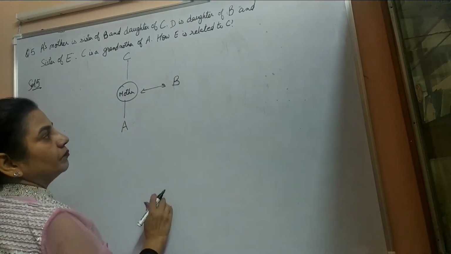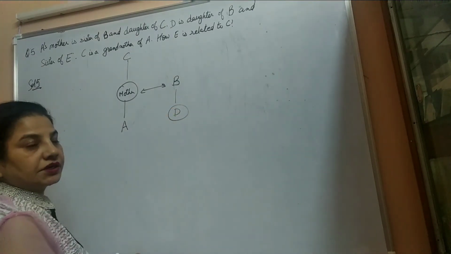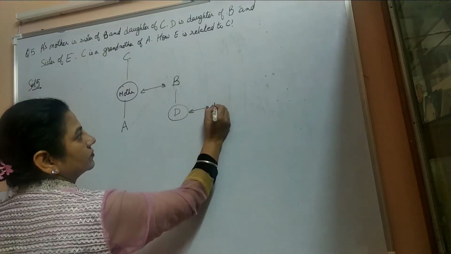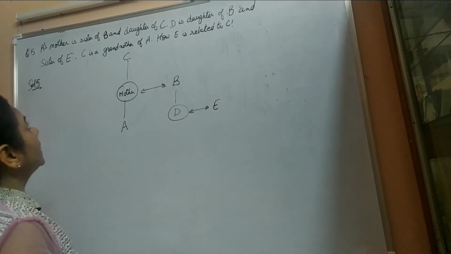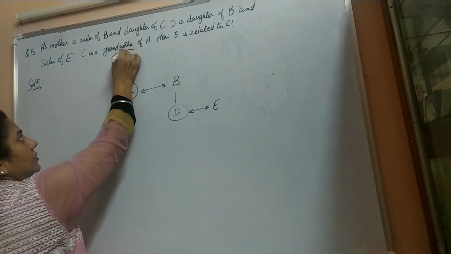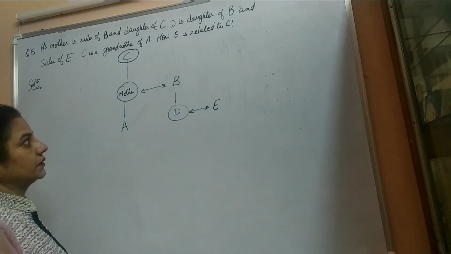D is a daughter of B. D's gender we know. And sister of E. C is a grandmother of A, so it means it's a female character.